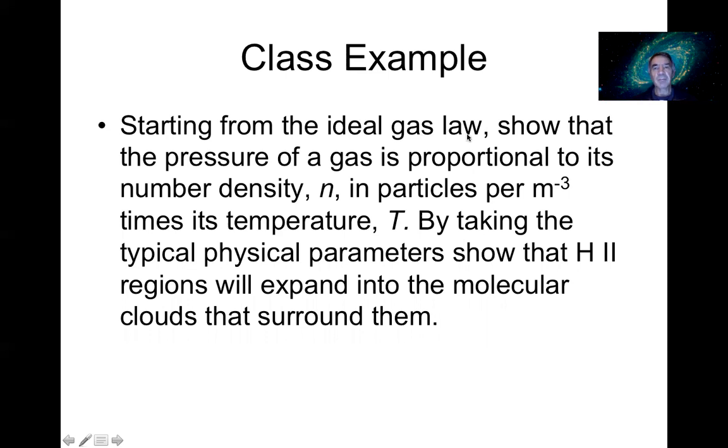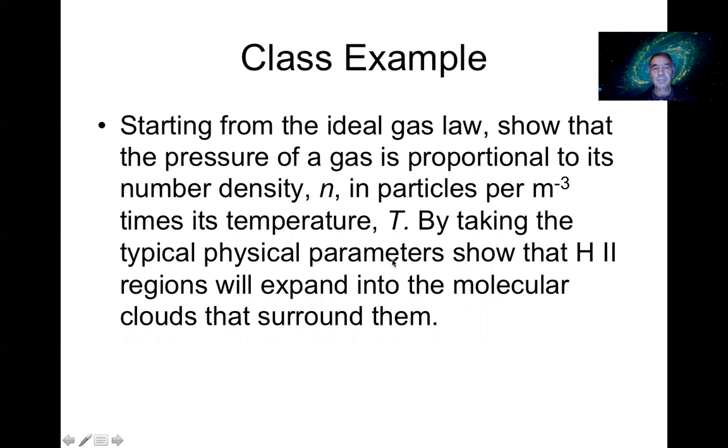You can start from there and then manipulate that equation into a form that has the number density in it, the number of particles per meter cubed. And show that the pressure of a gas is just proportional to n times T, where n is the number density.